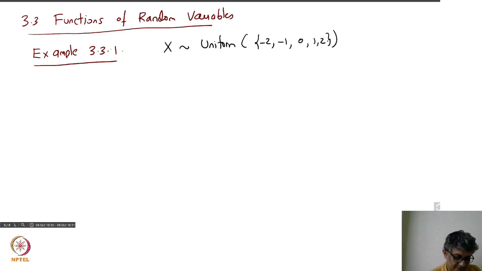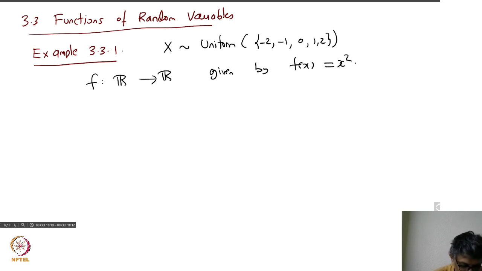That's what X does. And let me now take a function. This function is from the real line to the real line, and given by, let's say, f of x is equal to x squared. Okay. So now I just call my random variable Y as f at X, and I ask you the question: what is the distribution of Y?